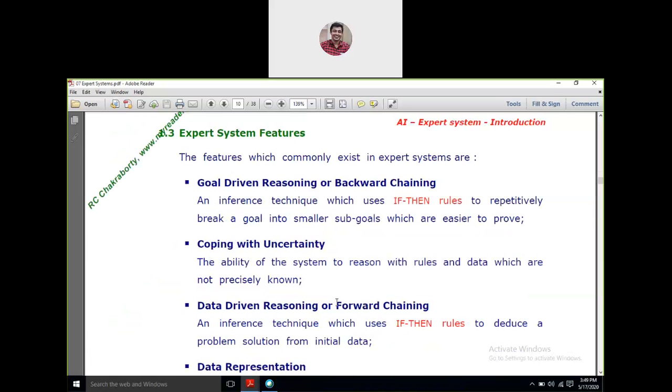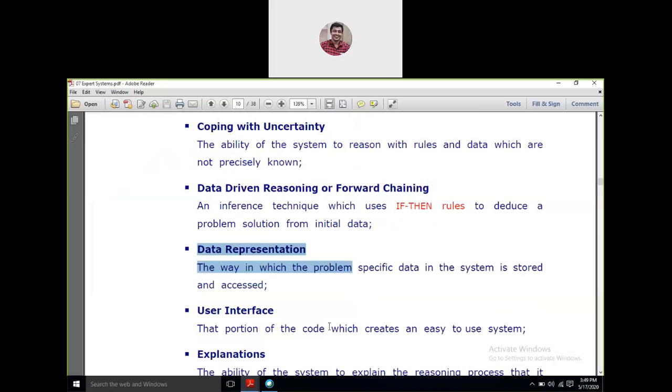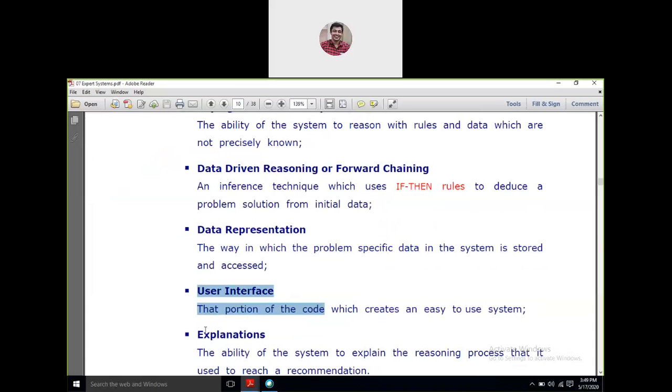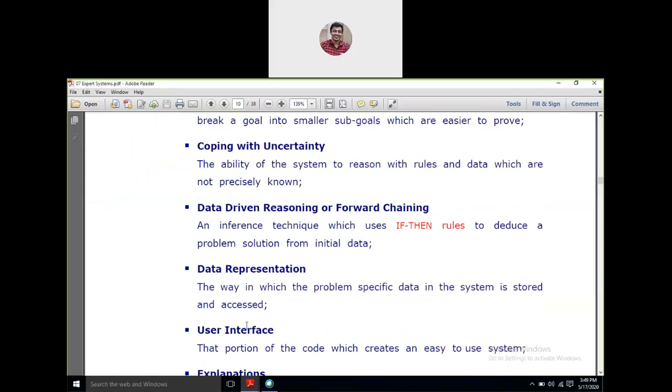The expert system features are basically goal driven, that means they have backward chaining, they cope with uncertainty, and they have forward chaining. They have the data representation part, the user interface, and the explanations for that, right? Now, the most important things are how expert systems take care of forward chaining and backward chaining.